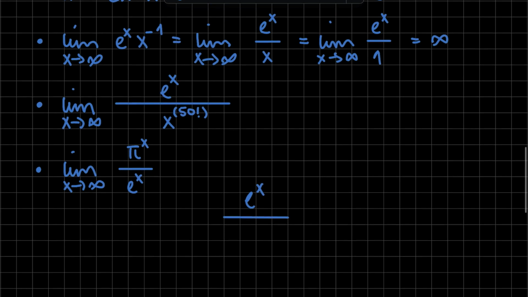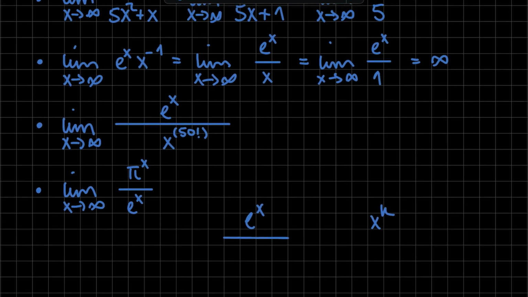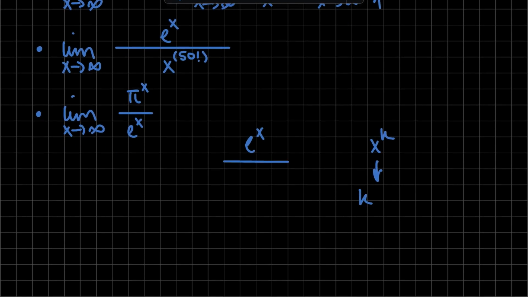Now on the denominator, what would we have after applying L'Hopital's rule a bunch of times? Well, let's think of x to the power of 50 factorial as just x to the power of k, where k is a constant. Specifically in our case, k would be 50 factorial. Now after the first time applying L'Hopital's rule, when we differentiate this, it's going to be k times x to the power of k minus 1, which is just the power rule. And differentiating again will give us k times k minus 1 times x to the power of k minus 2.